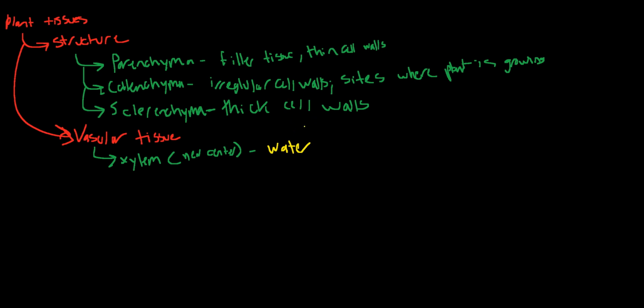It transports water from the roots to the leaves. It's a one-way direction. It only goes from the roots to the leaves. It can't go from leaves to roots. So it's one way.